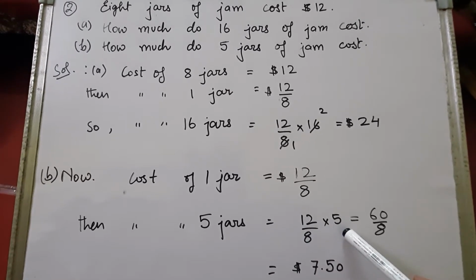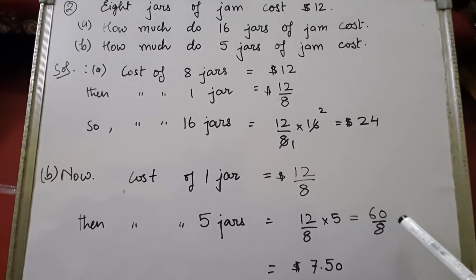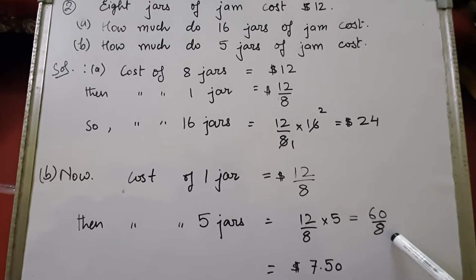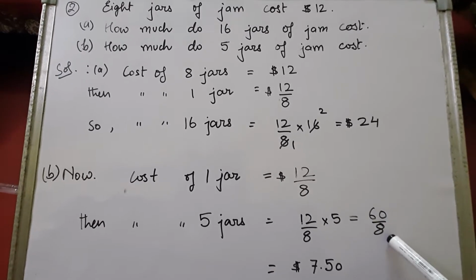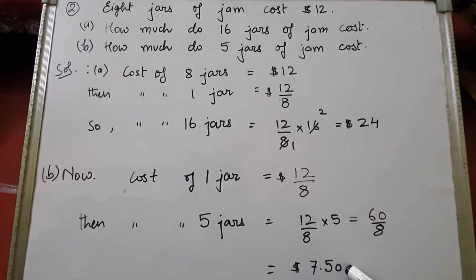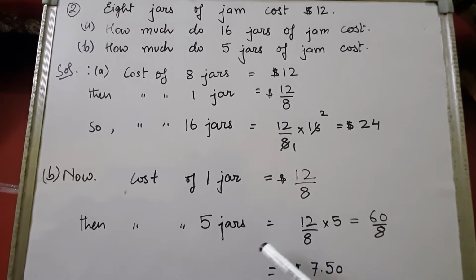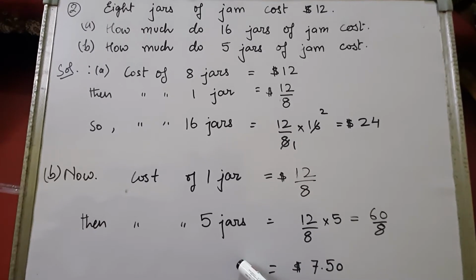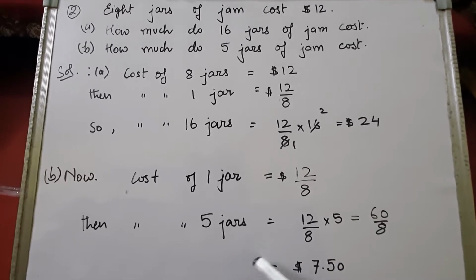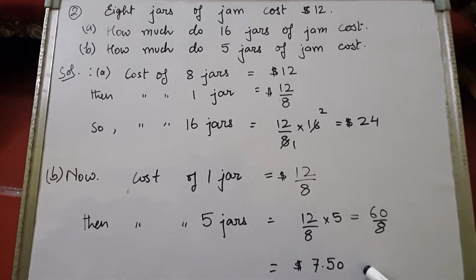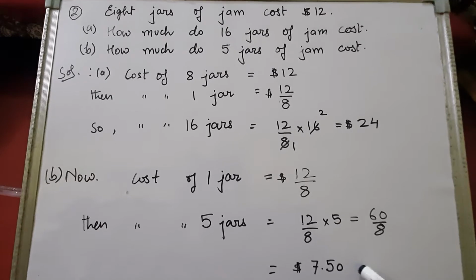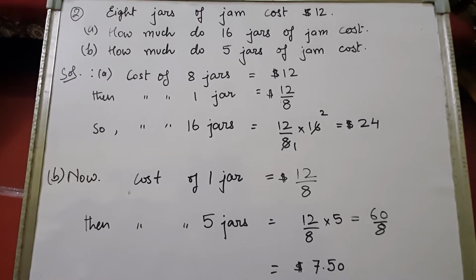So when we multiply the numerator, we will get 60 upon 8. And when we divide 60 by 8, we'll get $7.50. That means the cost of 5 jars of jam will be $7.50. Understood, children? Note down, please.